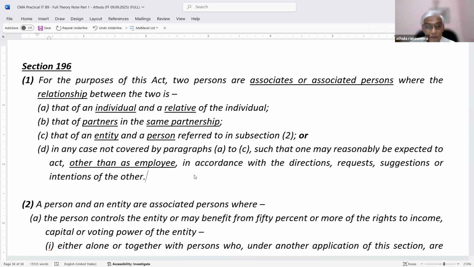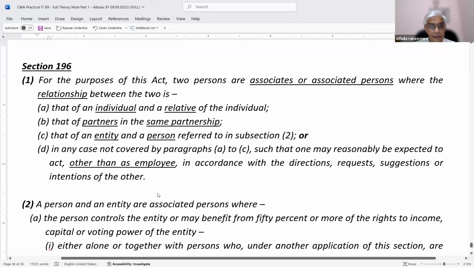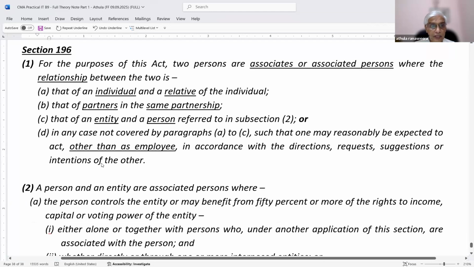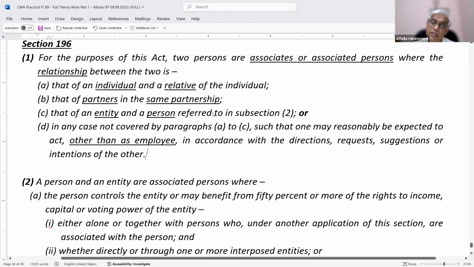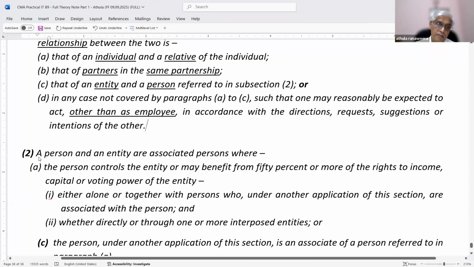If one person is acting on the directions, requests, suggestions, or intentions of another person, these two persons we consider as associates, other than employees. Now here, the C item even covers entities. Now we will see B, the second item.